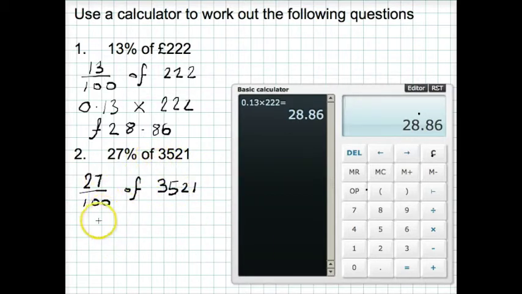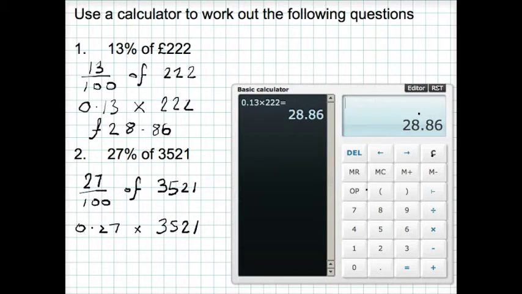Okay, so now we need to turn this into a decimal. So we get 0.27. So we've got 0.27, and the of, remember, changes to a times 3521.